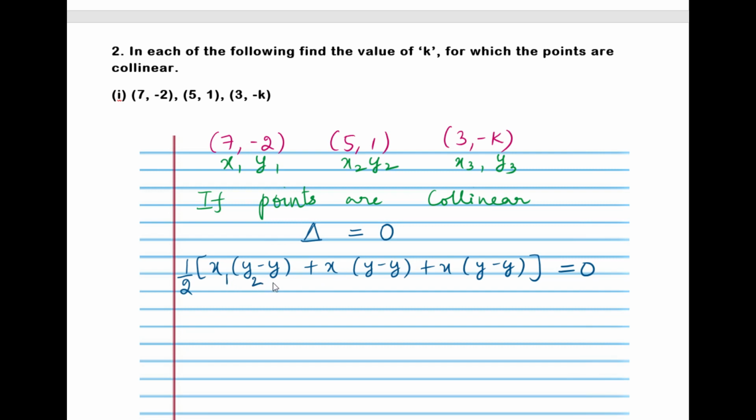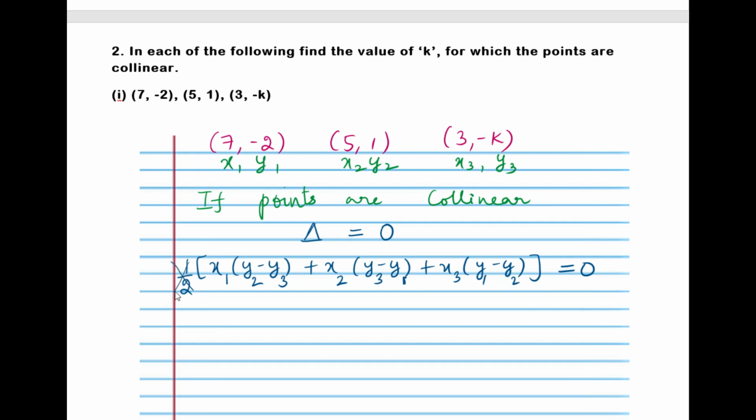I'll write 1 2 3, 2 3 1, 3 1 2. Now substitute the values of x1, x2, x3, y1, y2, y3. Now 1 by 2, if you cross multiply, 2 into 0 is 0.